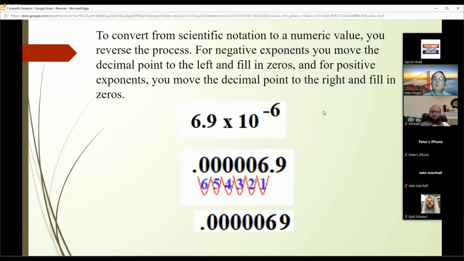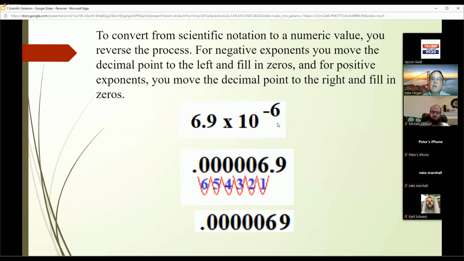Now, so that was going from a very large number or a very small number and converting to scientific notation. What if I'm given scientific notation and I want to go the other direction? I want to convert it to the original number. For example, here I've been given 6.9 times 10 to the negative 6th.